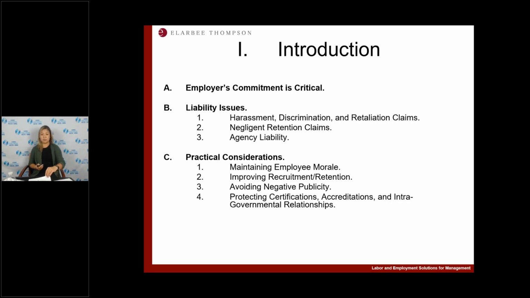And then safeguarding on the PR aspect, negative publicity. So those are all your concerns for why it is important to be committed to having a good harassment and discrimination investigation technique.